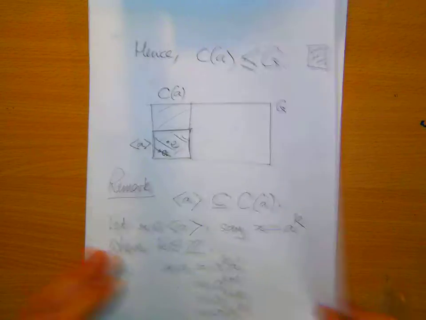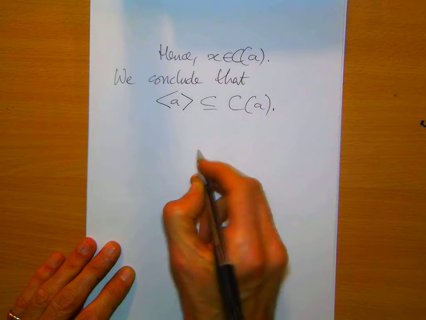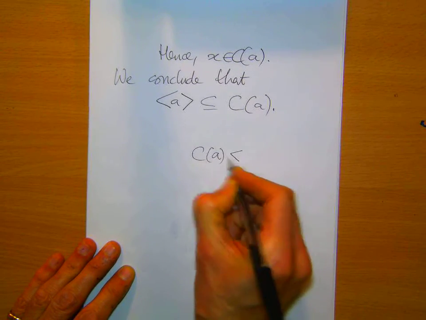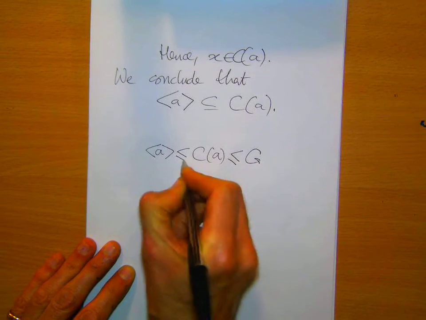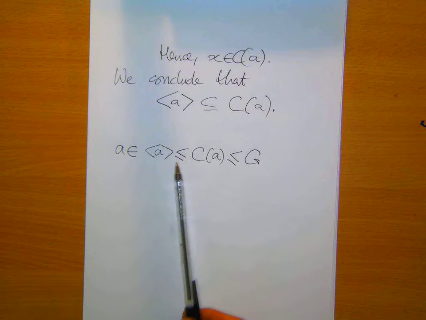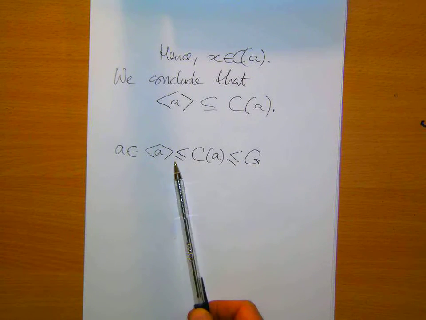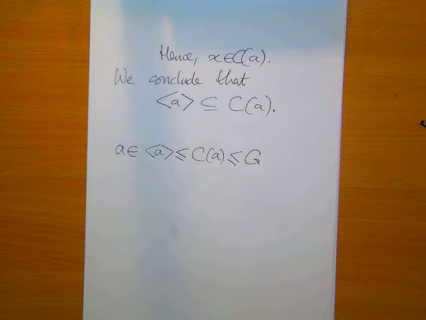So we've got C of A, which is a subgroup of G, and then we've got that chain. And some of these less than or equals, which means subgroup, could actually be equals depending on what A is and what G is.